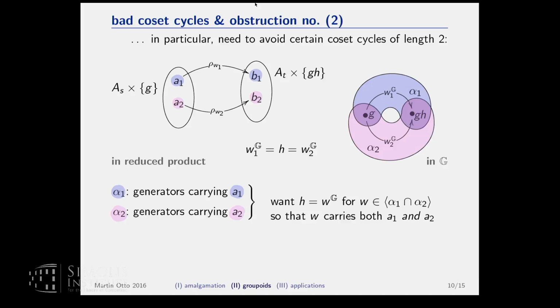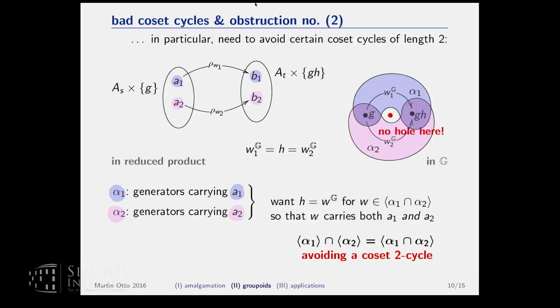What we want is that we can also go from this address G to the address GH using a composition of generators that carry both A1 and A2. Right? So you would like that this H can also be represented as a composition of a sequence of generators that carry both elements simultaneously, because then you don't have this problem. Then, being a composition of partial isomorphisms, they would carry an arrow from A1 to A2, say, into an arrow from B1 to B2. Right?